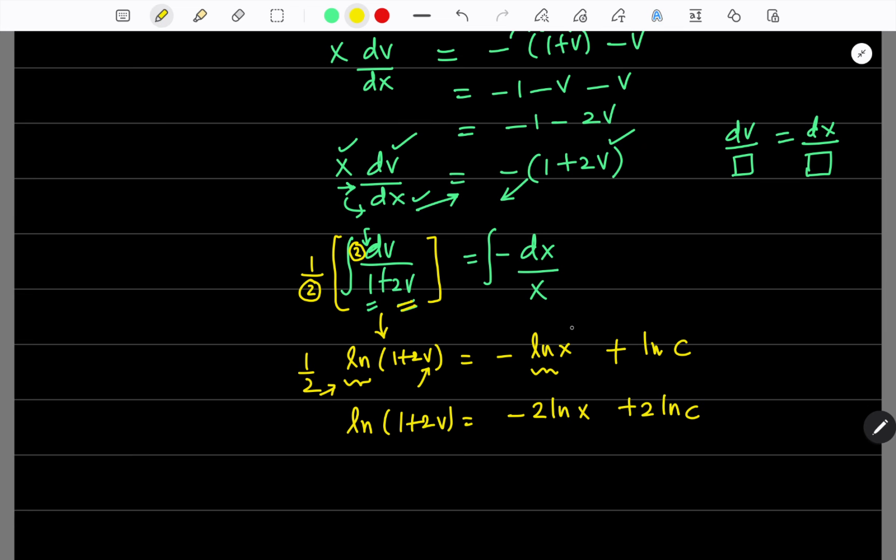So this 2 is multiplying here and the 2 is multiplying here as a scalar. Keep that in mind. Let me simplify this side. Because 2 ln's are there, one on the left, one on the right. So this I can write as ln x to the power of minus 2. Can I write like this? Yes, and this one I can write as ln c square.